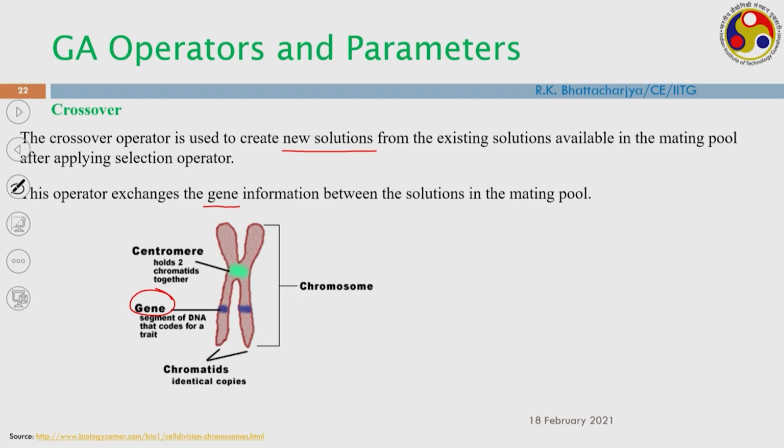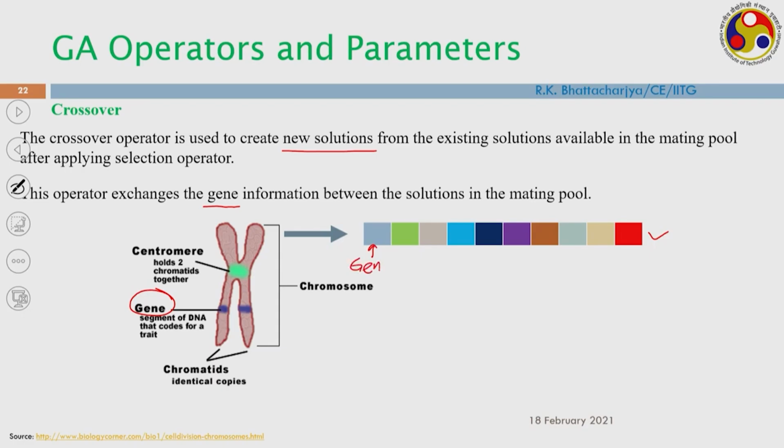In order to implement this concept, we have to convert our solution to a chromosome-type structure. So, here this is just like a simple chromosome, and this is basically the gene of this particular chromosome.